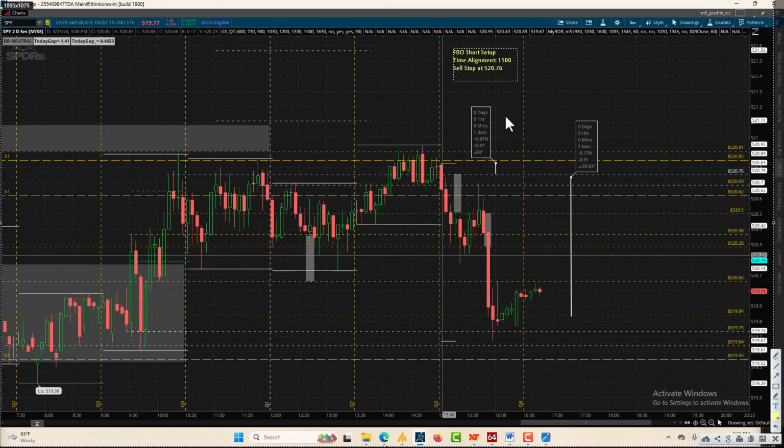That's the level we put in there. And the entry time for us is beautiful at exactly 15:30 right there. And the risk reward ratio is 1 to 10.